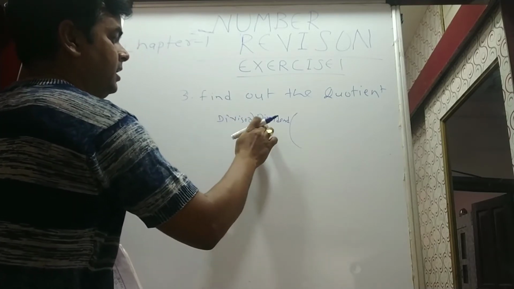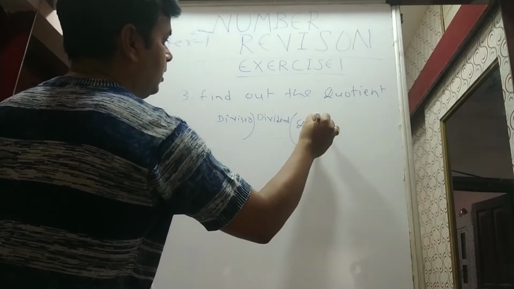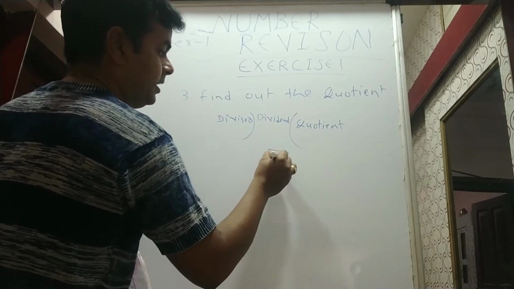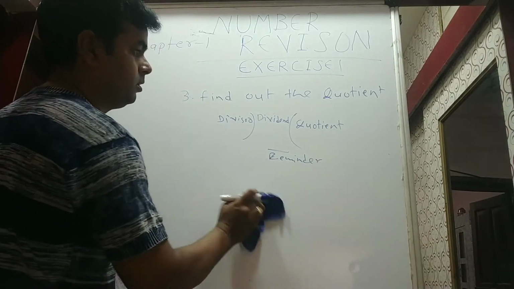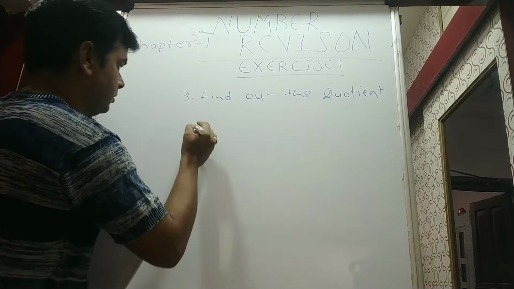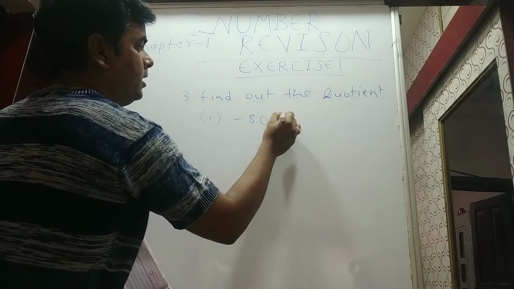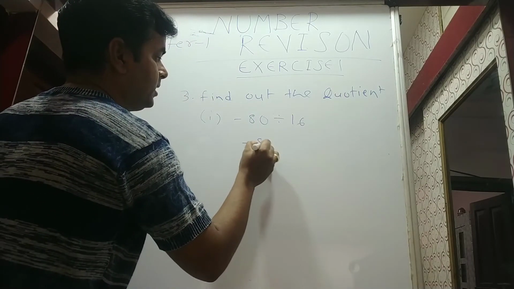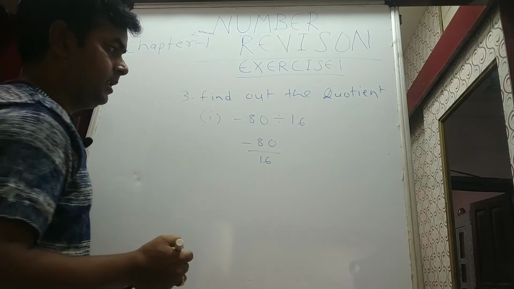Whatever we get is called the quotient, and if we have something left, that is called the remainder. So in this question we need to find the quotient. First one is minus 80 divided by 16. Minus 80 upon 16 we can write, and this is the divide sign.